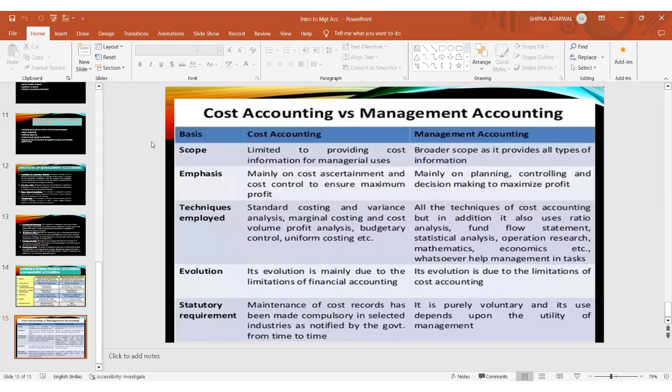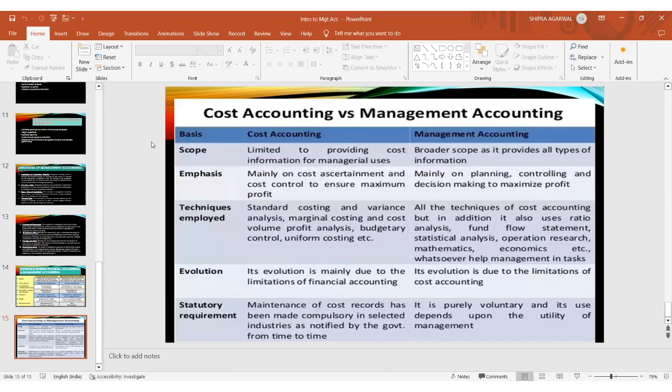Now, if I talk about the emphasis, in case of cost accounting, your main emphasis is to calculate the cost, and you want to implement cost control so that maximum profit can be earned for the organization. But in case of management accounting, our main consideration is to plan.